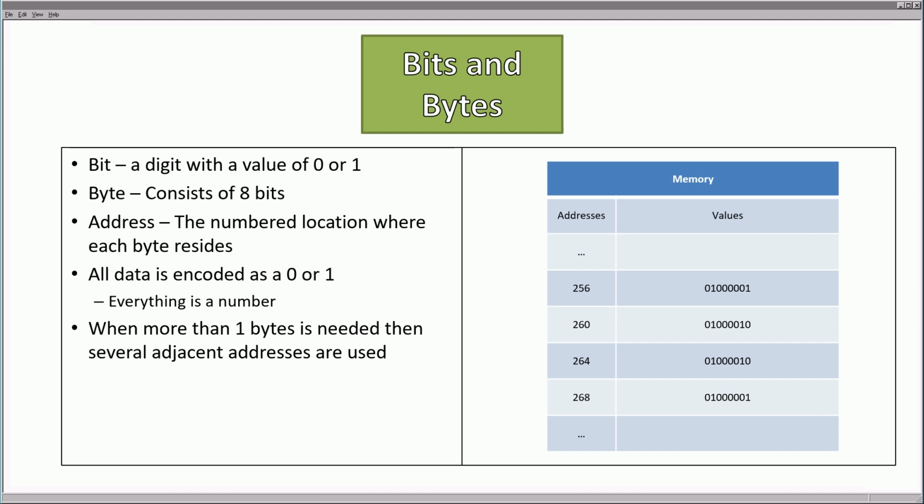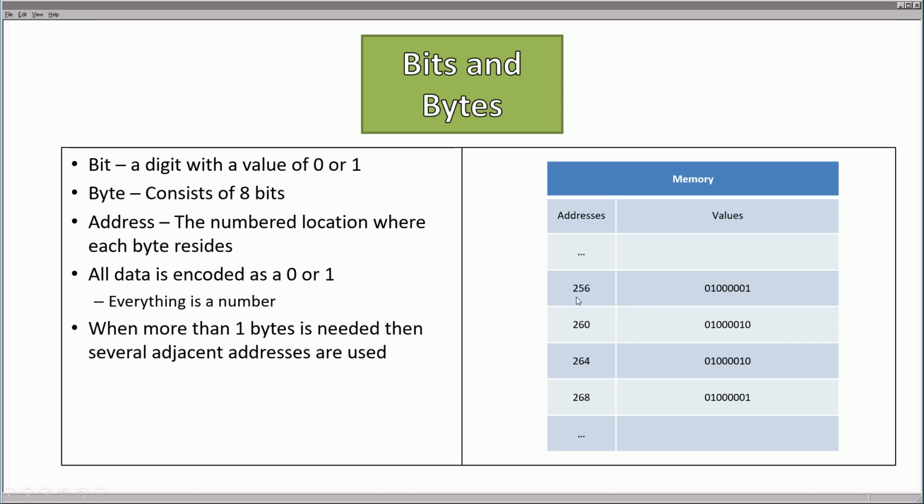Now, inside of memory, we have this thing that is called the address, which is the numbered location where each byte resides. So we can see over here, this corresponds to the byte address, and this holds the number of bytes here. Inside of memory, the address is the number location where the byte resides.